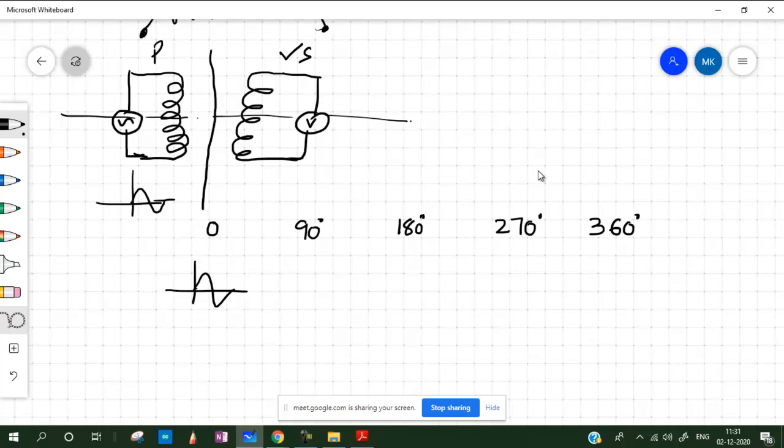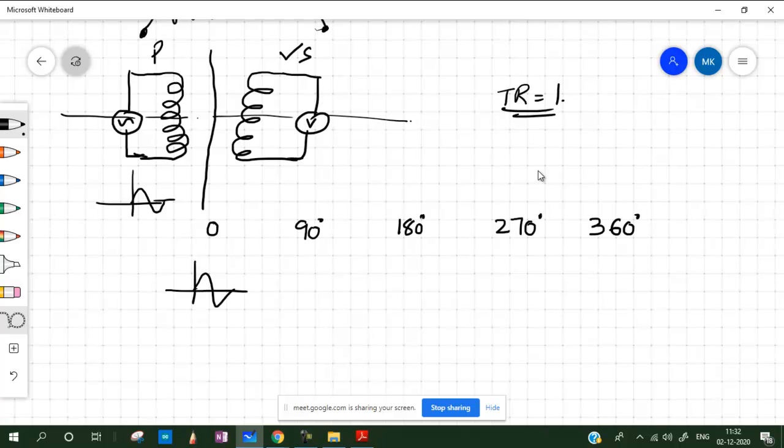Let's assume the amplitude is the same, because we assume the transformation ratio is 1. This is all an assumption. We can see that there is no distortion of the signal, and it is in phase with the primary also. We are able to induce EMF as per the input.